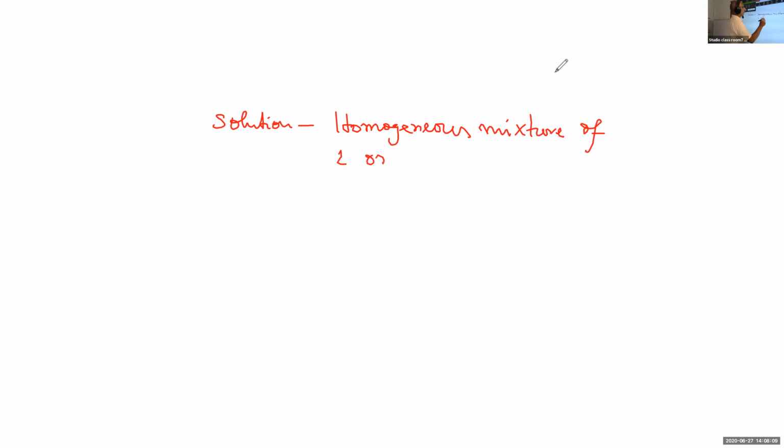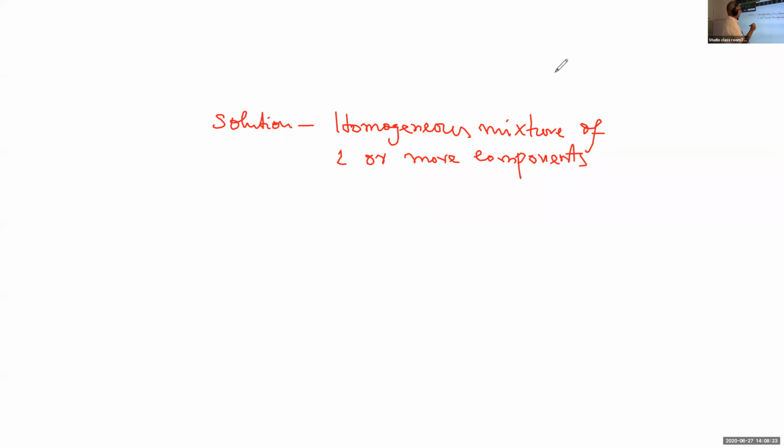Solution, I shall write it again. Solution is a homogeneous mixture of two or more components. Two or more substances. That is called a solution.